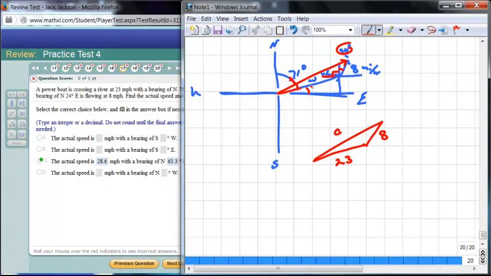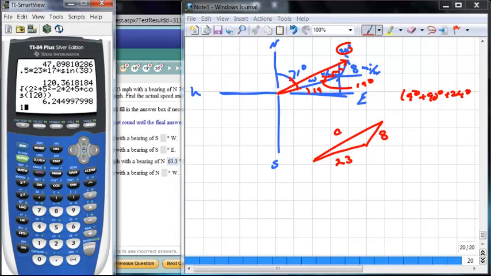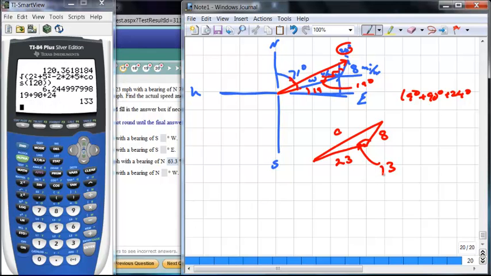That's 19 degrees here. And so this one's also 19 there. So if you take the 19 plus the 90 degrees plus the 24 degrees, you're going to get the angle right here. So that angle is 133 degrees.